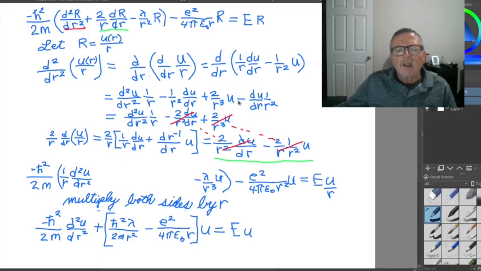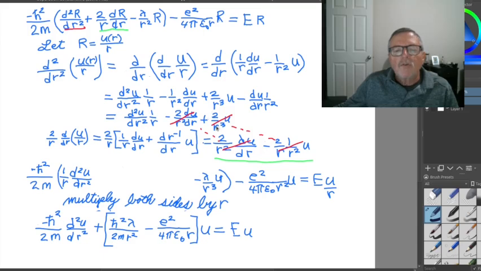Now let's take this line and see what we can do with it. Well, the final run here is no change here. This became a minus 2 over r squared. How did that happen? Well, where there's 1 over r squared, 1 over r squared, they're both minus, so that becomes a minus 2 over r squared du over dr. And as you can see, this is going to cancel when we come to the next line here.